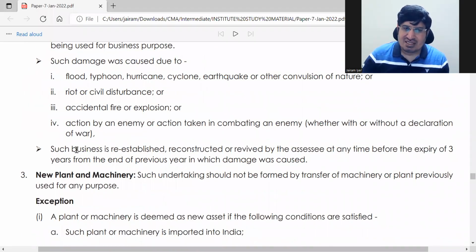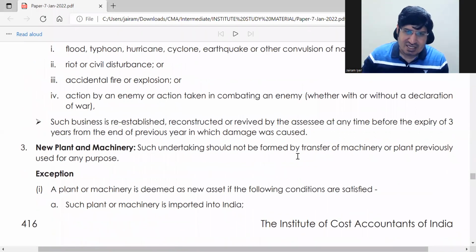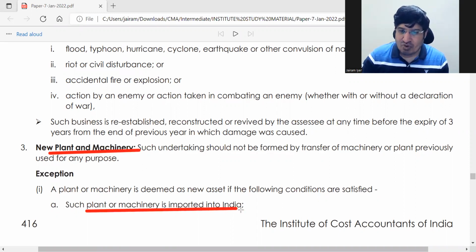And then it is such businesses re-established before the end of 3 years from the end of the previous year in which damage is caused. Same point. Okay. Exactly same. ठीक है. Then new plant and machinery. This point is also exactly same. वहाँ पे भी था, right? There was new plant and machinery, and we had said that new it will be considered as new even if it is imported to India.